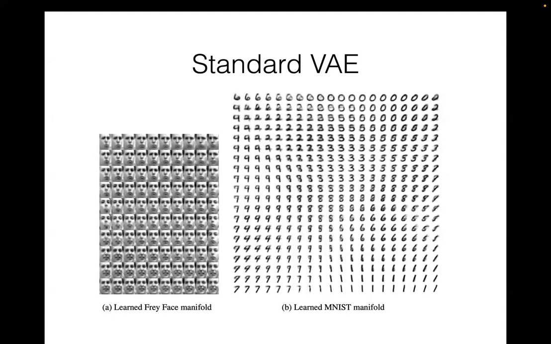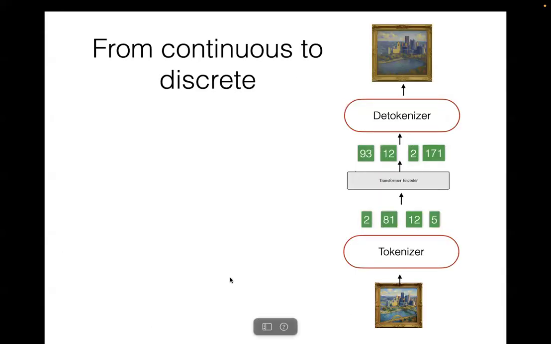So it's a big topic, but now we can think: this is all in continuous space with images. Does this help us with our goal, which is tokenizing and de-tokenizing images? Well, maybe the tokenizer is something like the encoder in a VAE, and the detokenizer is like the decoder in a VAE. And that's exactly what we're going to try to do.